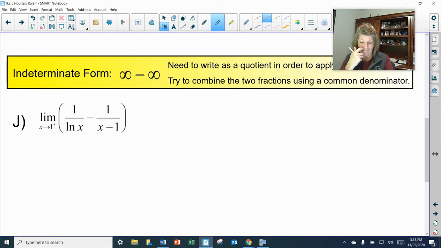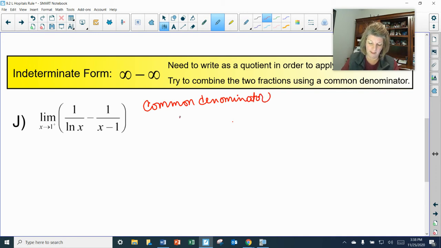So let's make a common denominator. And I can see what that common denominator would be. My LCD is natural log x times an x minus 1, isn't it? So over here, I want to multiply by x minus 1 over x minus 1. And over here, I want to multiply by natural log over natural log.